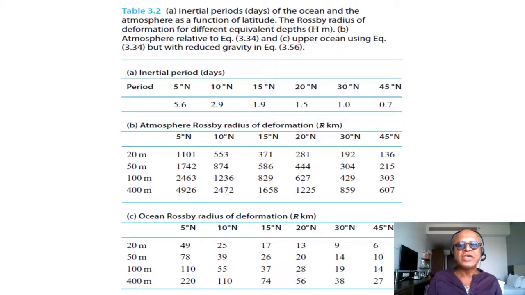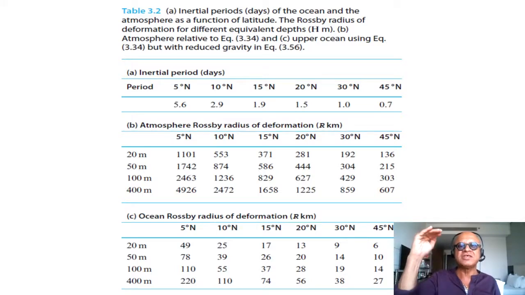Okay, so we can look at inertial periods in days of the ocean and the atmosphere as a function of latitude. The Rossby radius of deformation is going to depend on the equivalent depths, the depth that the forcing is going to see, essentially where the motion drops off by 1 exponential.